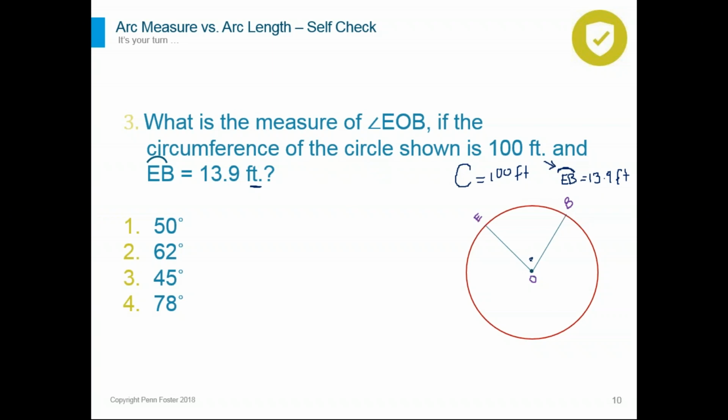Well, in our mind, we know how to use a proportion to find the measure of the arc. But then can we find the measure of the central angle from the measure of the arc? What do you think? I'm going to leave that screen for a bit. I want to remind you of the proportion. Here goes the circumference. Here goes the 360 degrees.